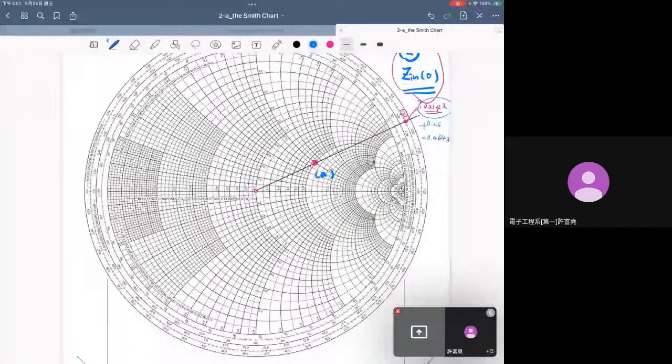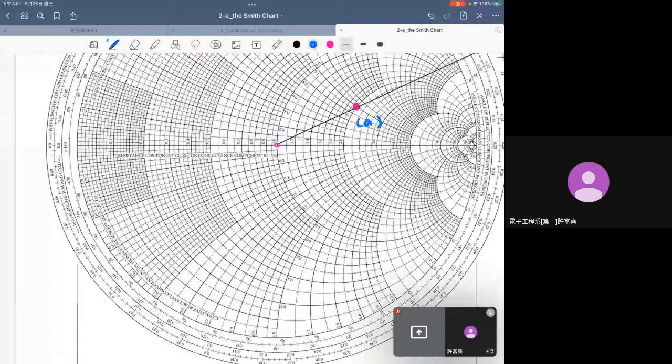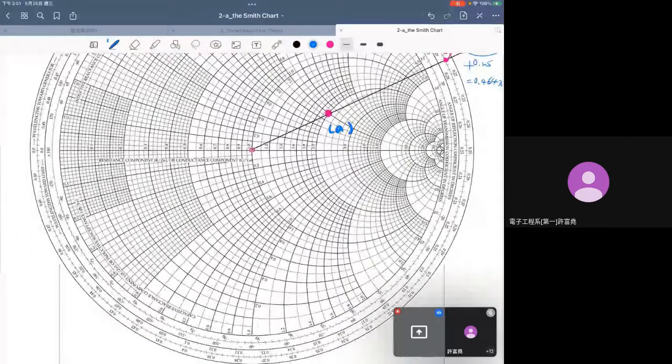Okay. So find out the 0.464. 0.464 is almost there. Okay, and what you are going to do, use the ruler again.